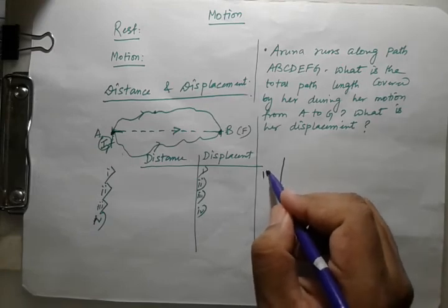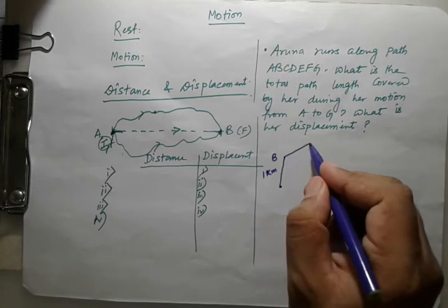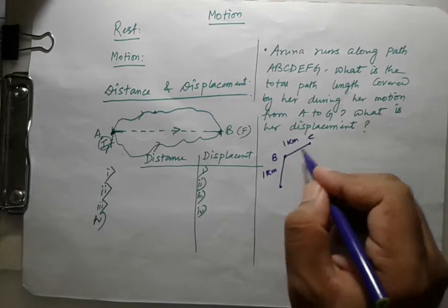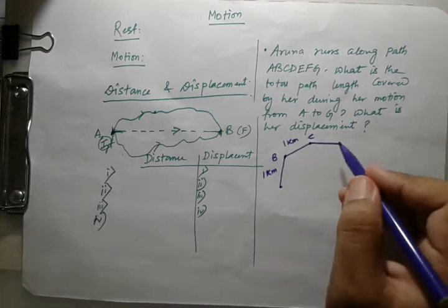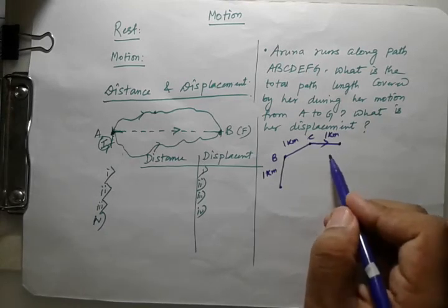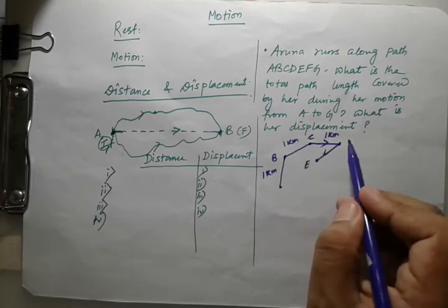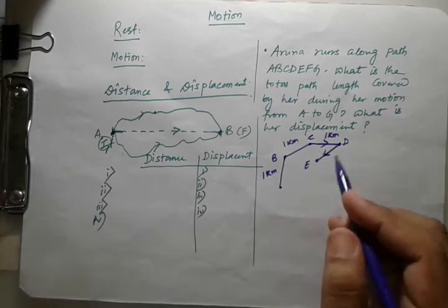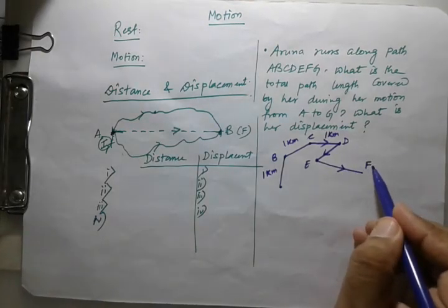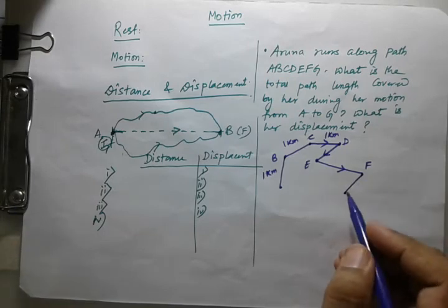Suppose the distance traveled is 1 kilometer. Then this is position B. Then from B to C, the distance traveled is 1 kilometer again. Then from C to D is also 1 kilometer. Then from D to E, from E to F, and then to the G position.